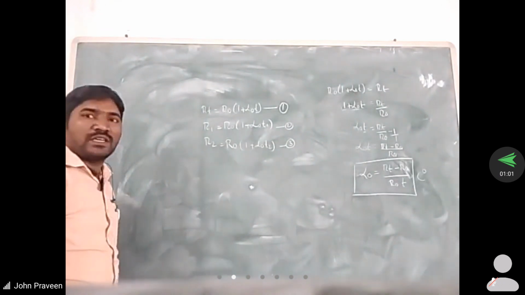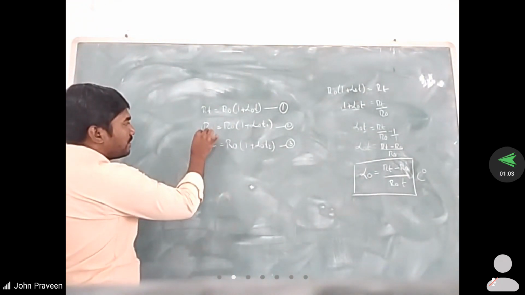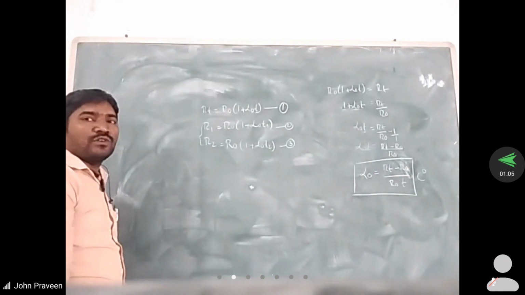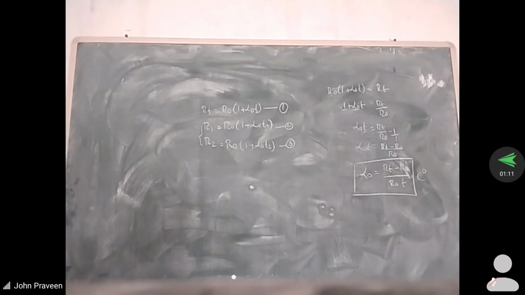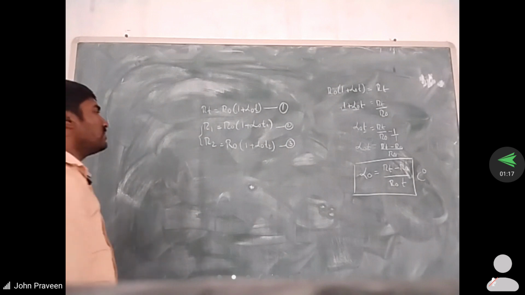So then, to find the relationship between R1 and R2, we are taking the ratio of R2 and R1. So simply we divide equation 3 by equation 2.